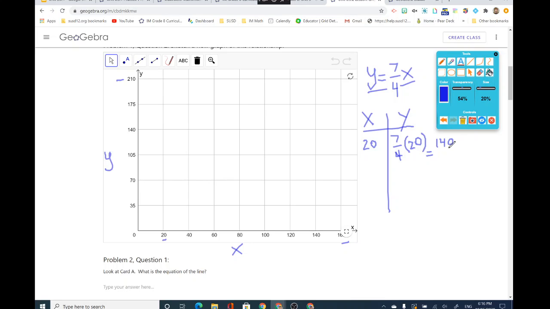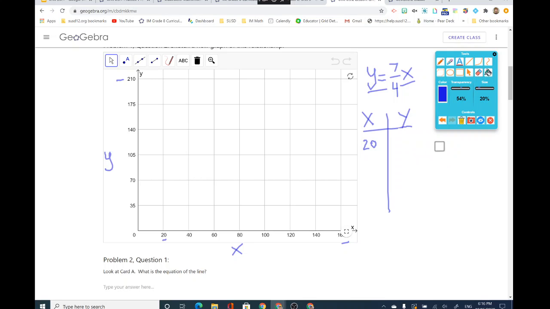And then that divided by 4. Now, I'm no genius. I don't want to do that math. I'm going to just pop out my calculator. 140 divided by 4 is 35. 35 is the answer, so I'm going to just erase this and write 35.